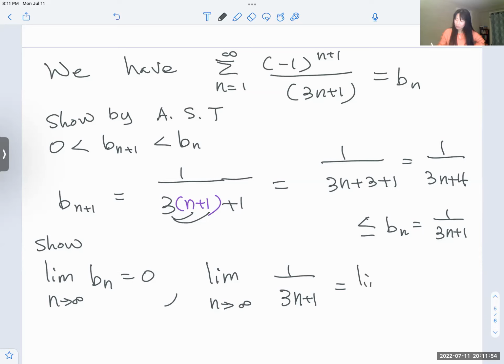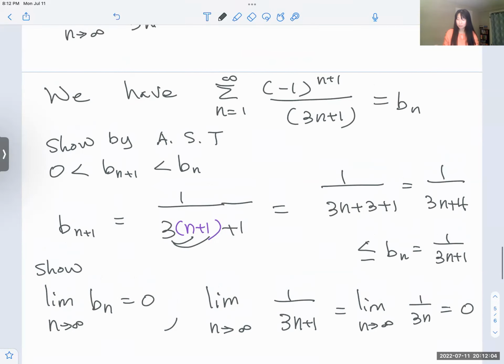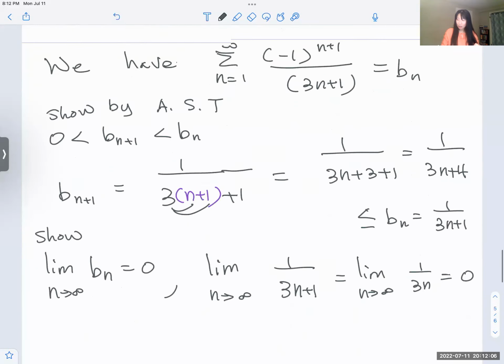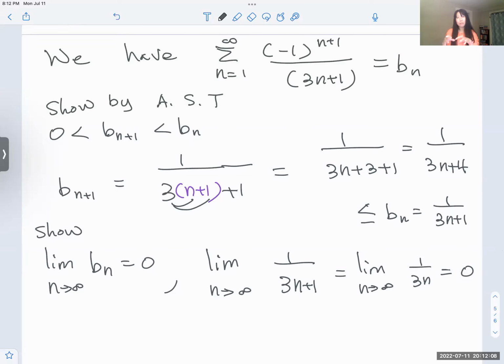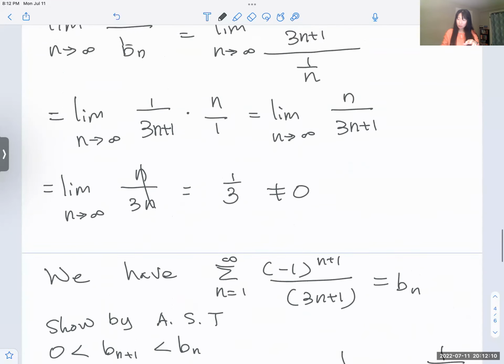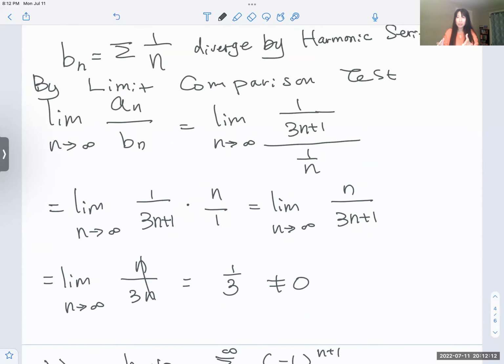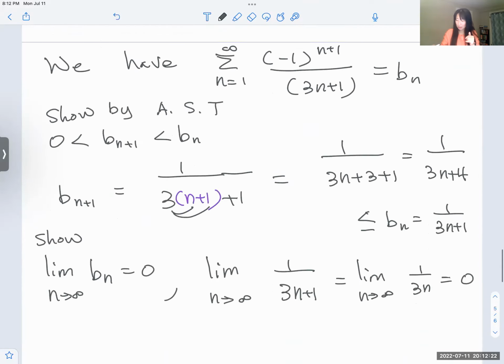Zero. Then look: one converges, and when we take the absolute value, it does not converge. So we conclude it converges conditionally. This is a lot of work.